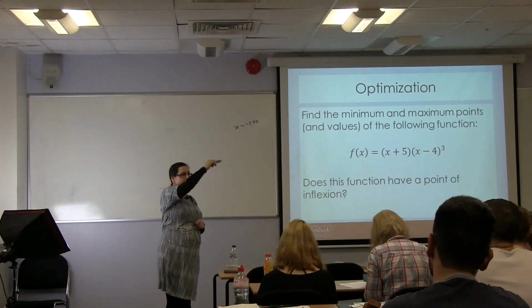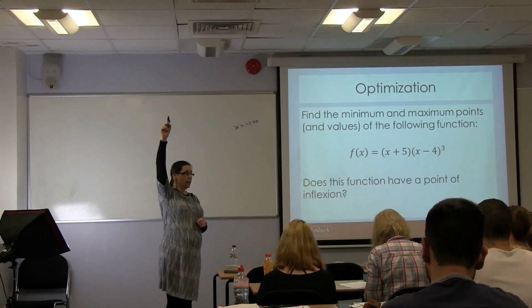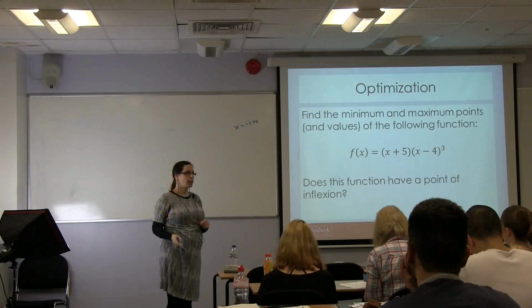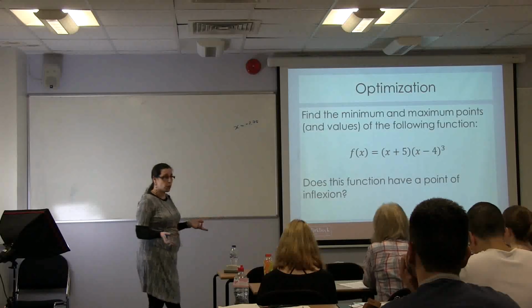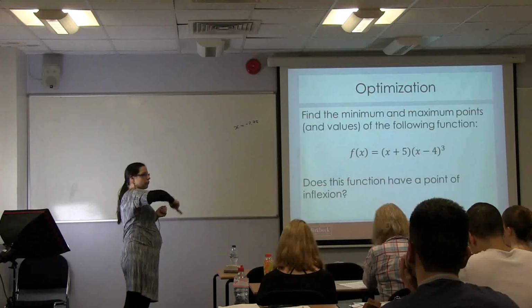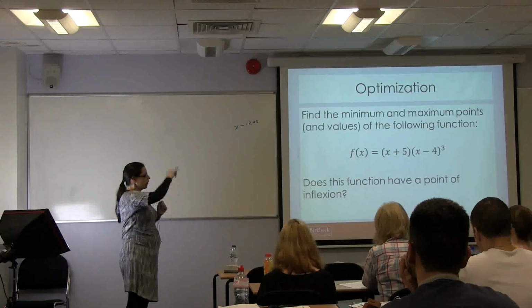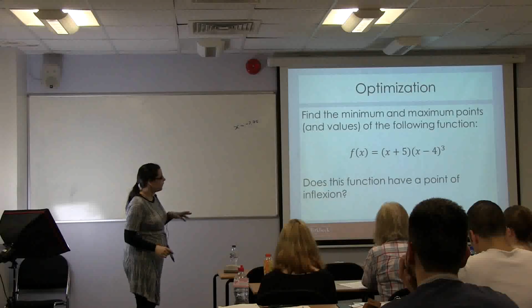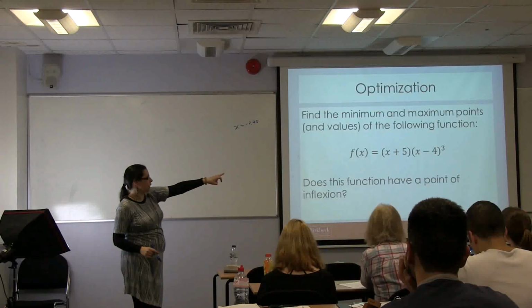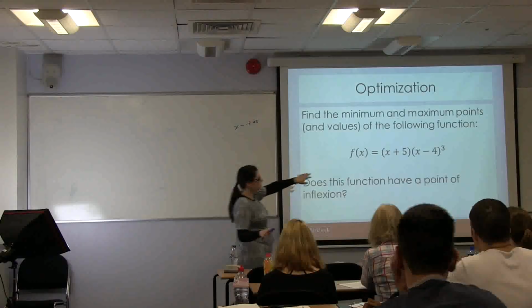A cubic function, what do you know about its general form? It comes from infinity and goes to infinity, either this way or this way, depending on whether you have a positive or negative cubic term. This one was positive, so it's one of these functions going up. But it has a sort of quirk in there. Sorry, I'm talking rubbish.